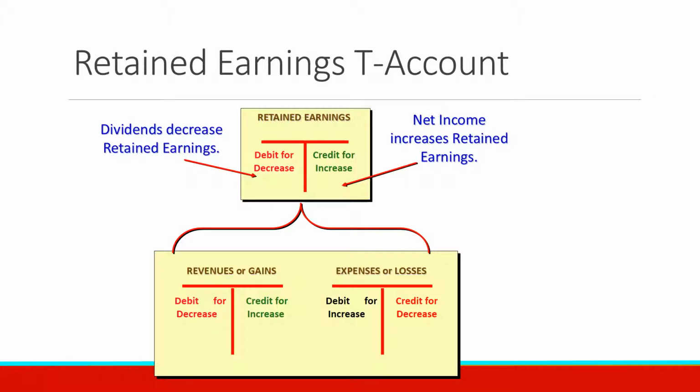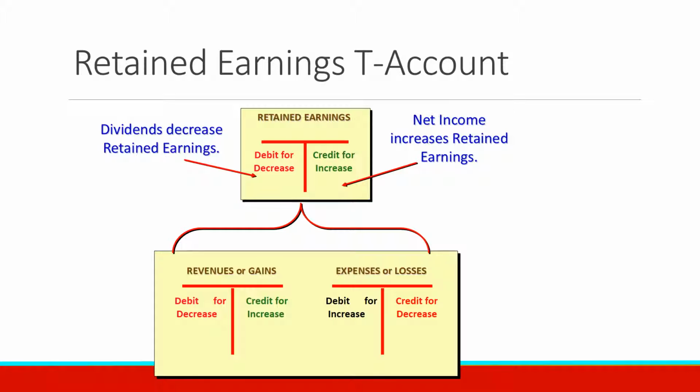Okay, so let's introduce a different way that we could go about updating the retained earnings balance. What you can see at the bottom are two T accounts, one for revenues and one for expenses. The revenues will have as a normal balance a credit balance, and the expenses will have as a normal balance a debit balance.